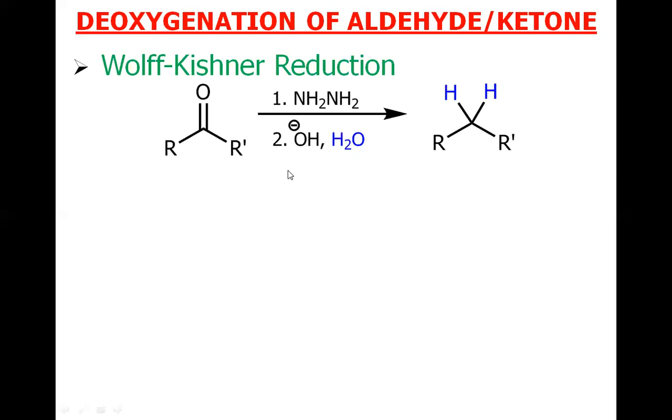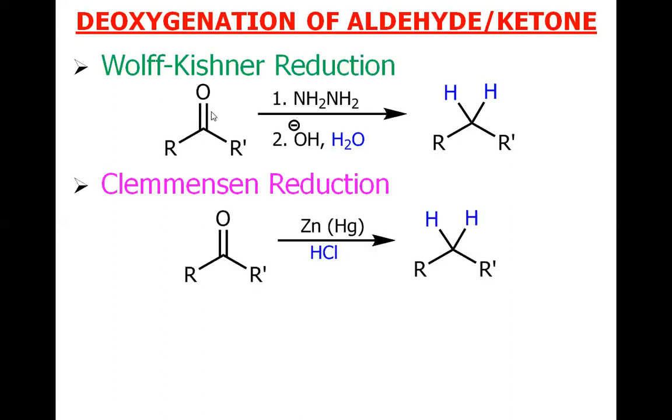So this is the way we remove the carbonyl of aldehyde or ketone, which is called deoxygenation. Another way is the Clemmensen reduction, in which we use zinc mercury amalgam in the presence of HCl to have this. So these were the 2 common methods to deoxygenate aldehydes and ketones.